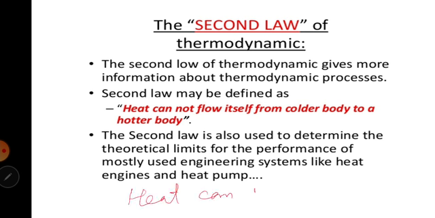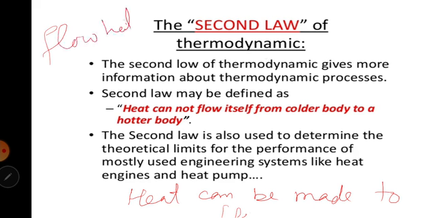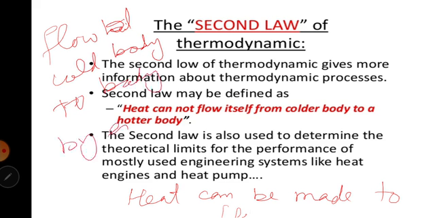In other words, heat can flow from a hot body to a cool body, but to make it flow from a cool body to a hot body requires the expenditure of energy.